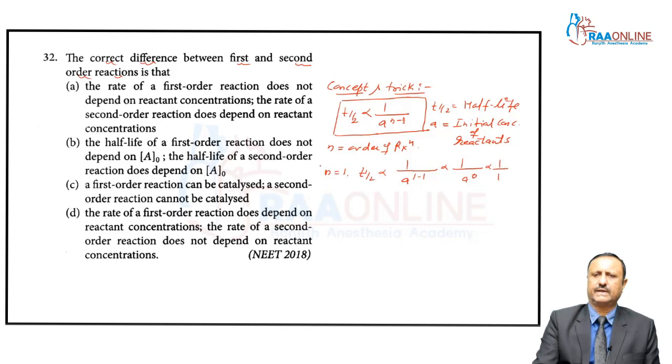So for the first order reaction, n is equal to 1, it does not depend on initial concentration. In first order reaction, half life does not depend on initial concentration.